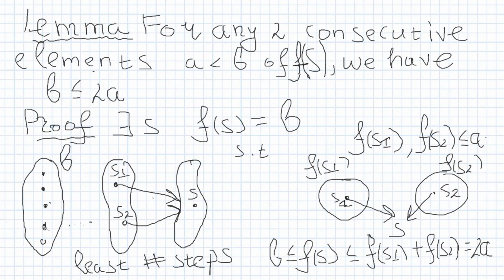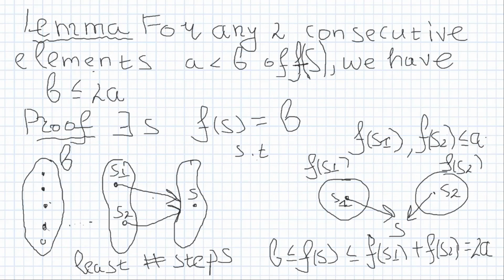Since there exists some S with f of S equal b, there exists some finite sequence of encounters that does that. Then we just consider the shortest such sequence and let the corresponding state be S.